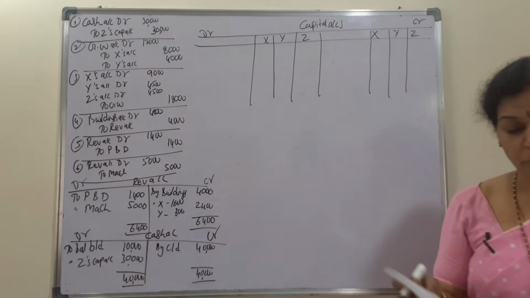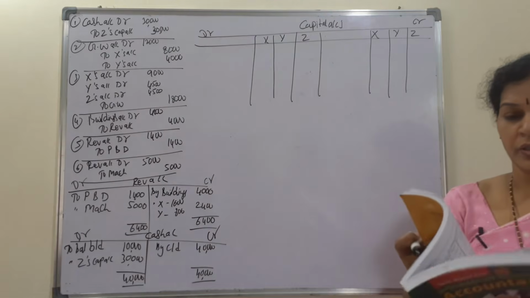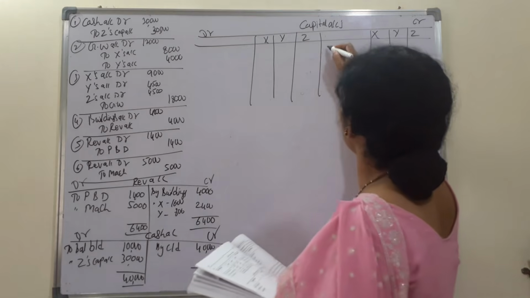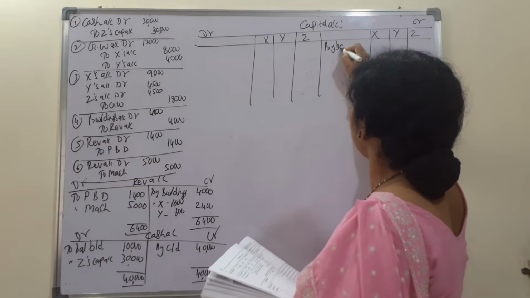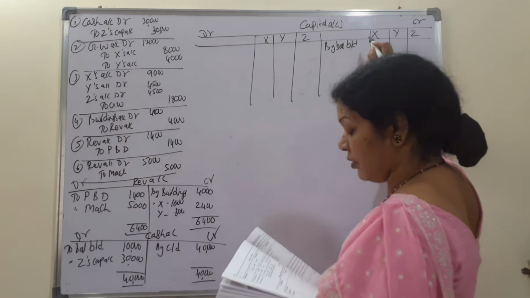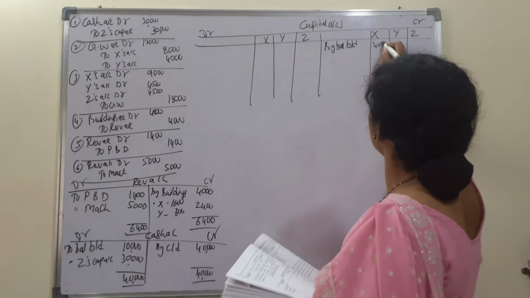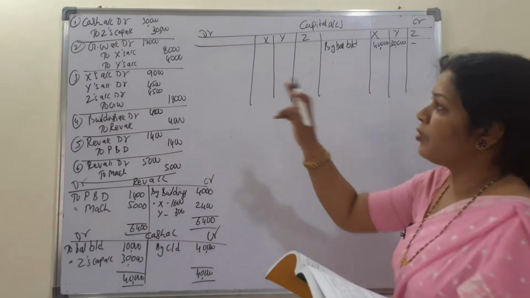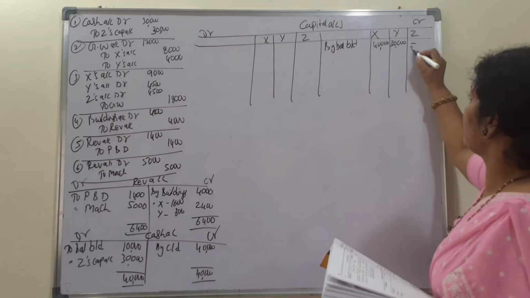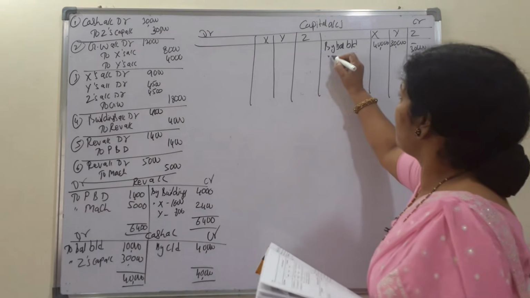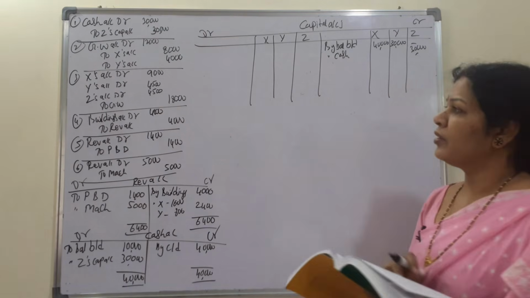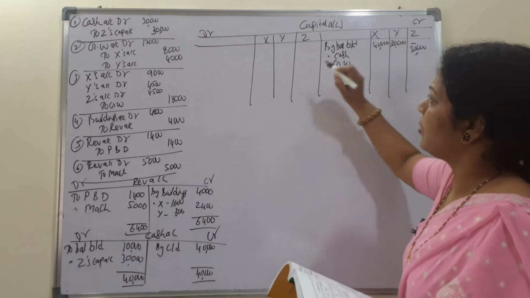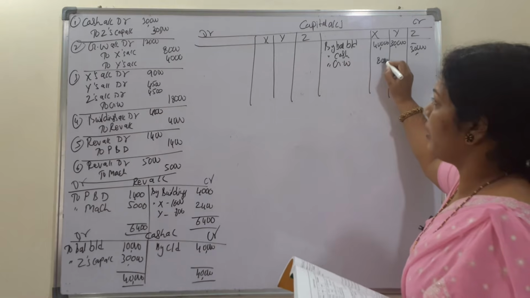So the opening capital is given: 40,000 and 30,000, by balance brought down 40 and 30. And Z brought cash of 30,000, by cash. Next, what else? Goodwill is shared by the partners, 8,000 and 4,000.